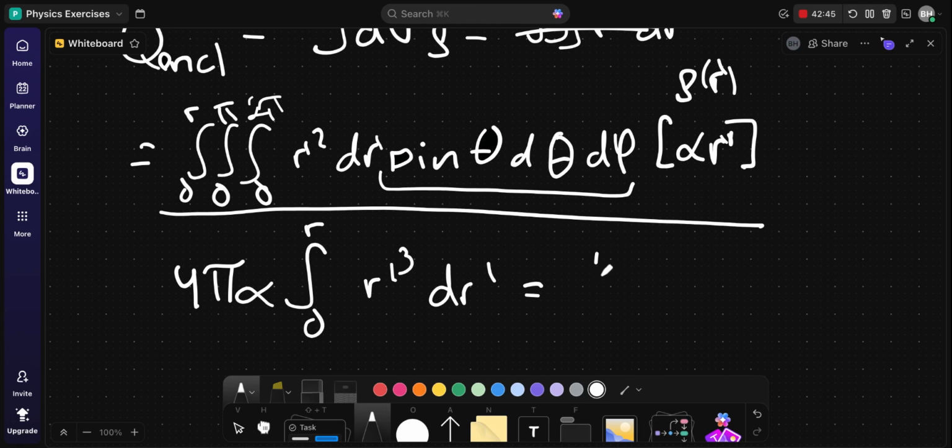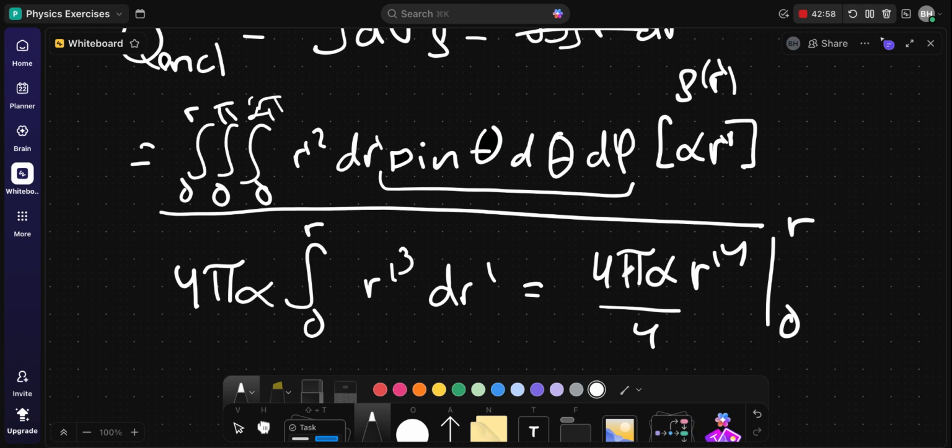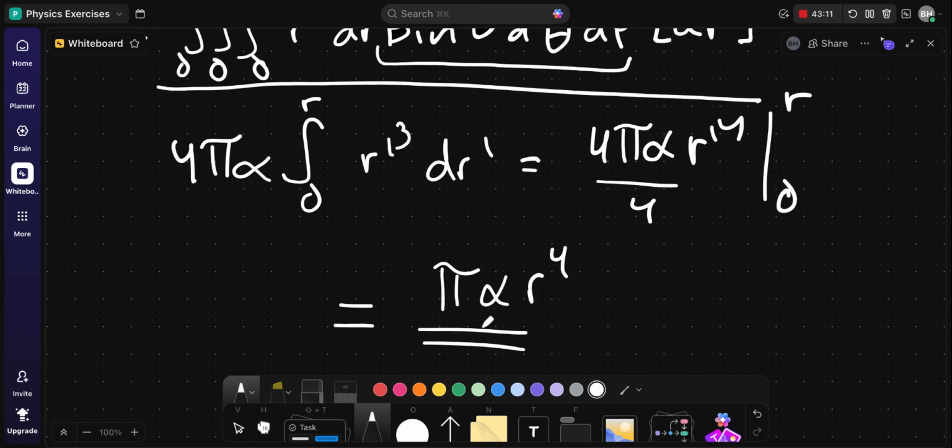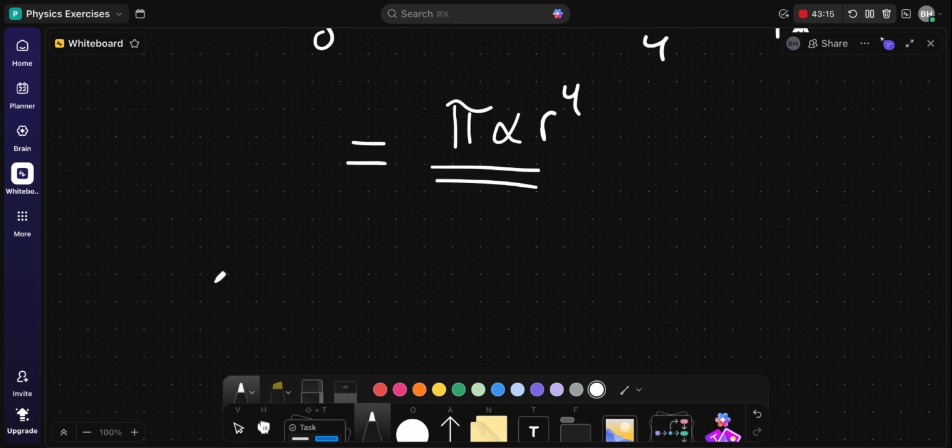We get 4 pi alpha times r prime to the fourth divided by 4, from 0 to r. Substituting in the limits, you get pi alpha r to the fourth power. That's the enclosed charge.